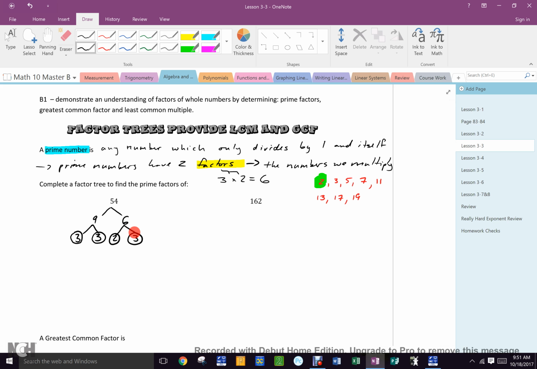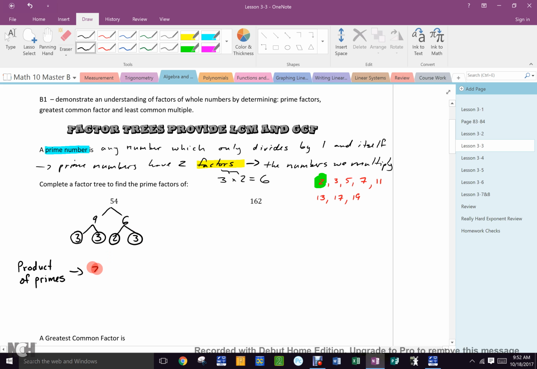Okay. We're going to go one step further with it. When you get to everything circled, I want you to use exponents to write out what we call a product of primes. And what that means is you take all your prime numbers and you multiply them together.